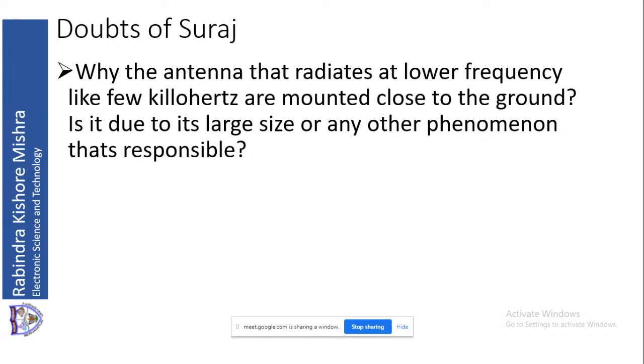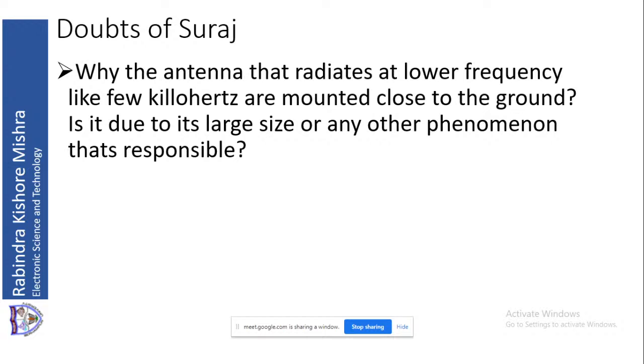Line of sight means the transmitting antenna and the receiving antenna must see each other. Visible means electrically visible. If they are electrically visible to each other, then the radiated field will be received by the receiving antenna.